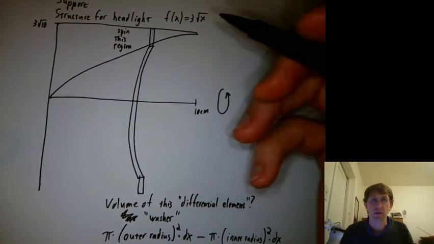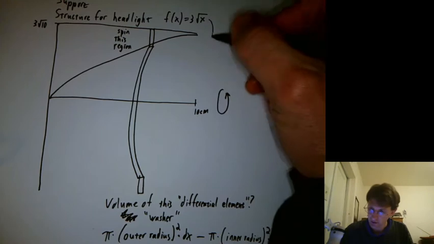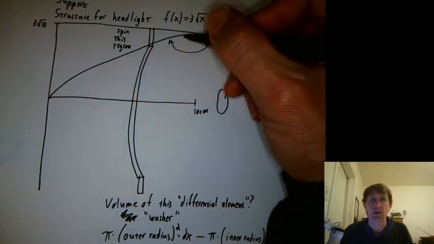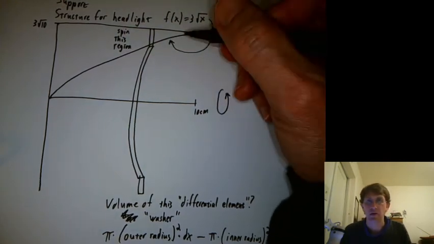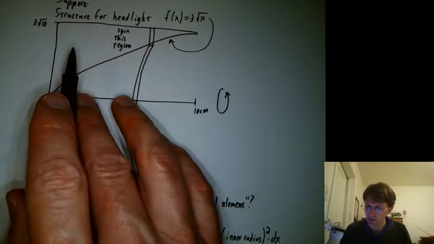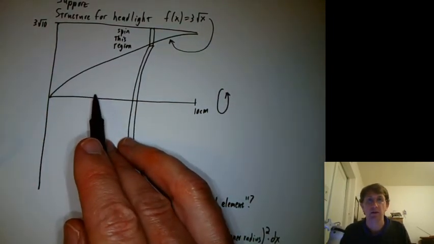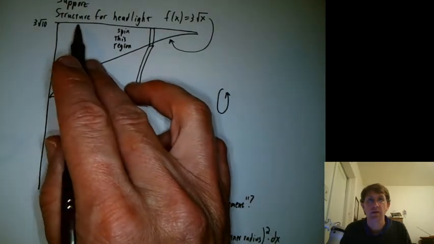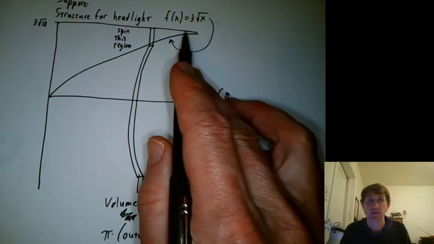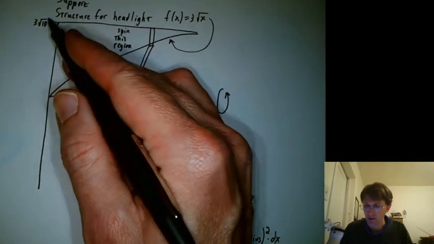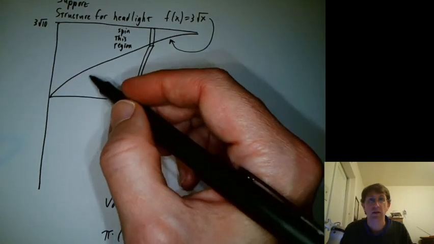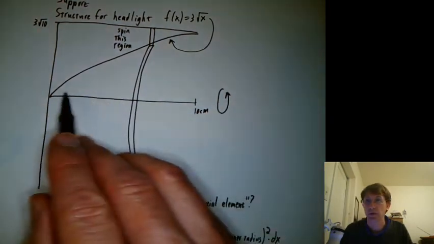So what is our inner radius function here? That was the same function we had before. What is the outer radius of the support structure here and here and here and here? Well, it's just always that horizontal line, right? Which is at a distance of 3 root 10 from what I'm spinning around.